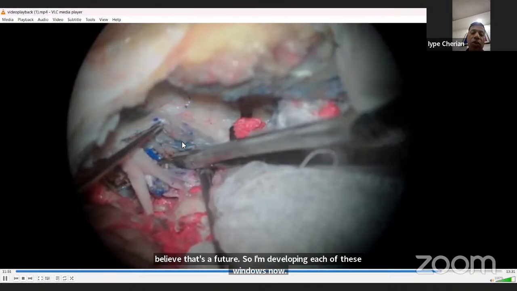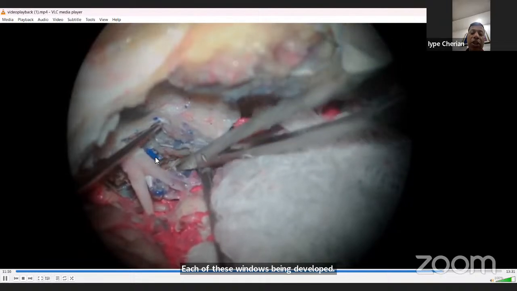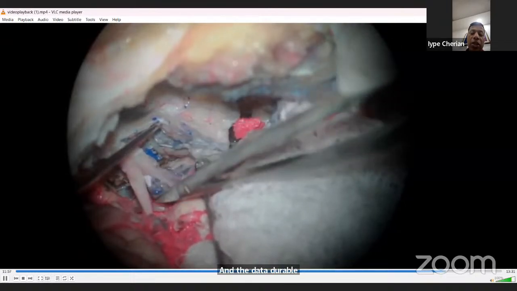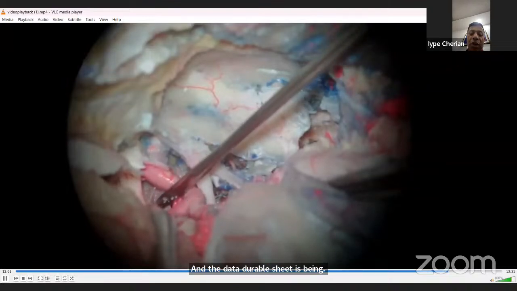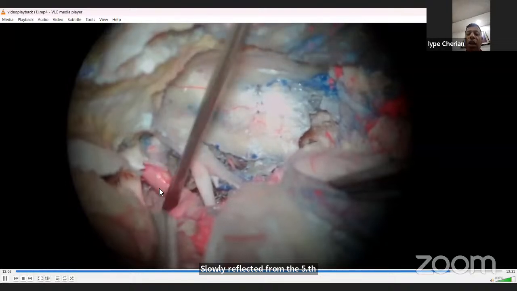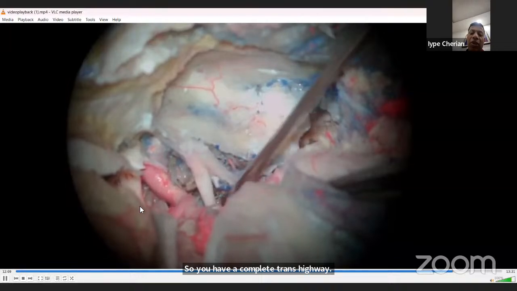Each of these windows are being developed, and the dural sheath is being slowly reflected from the 5th nerve. So you have a complete transcavernous highway all the way from 2nd nerve to 7th nerve.